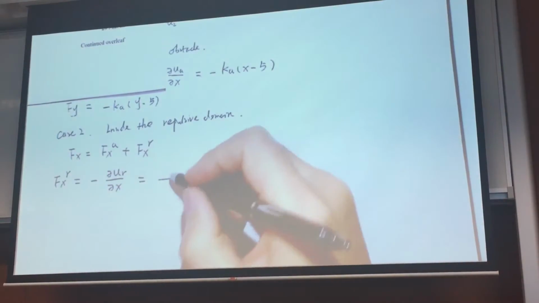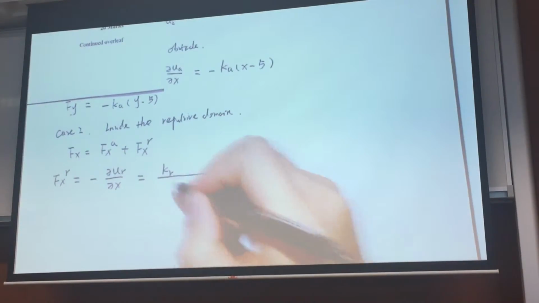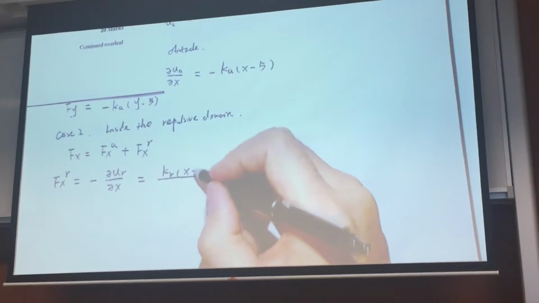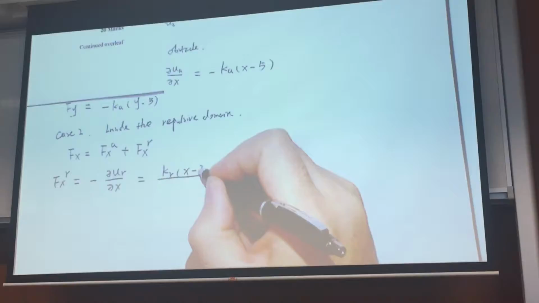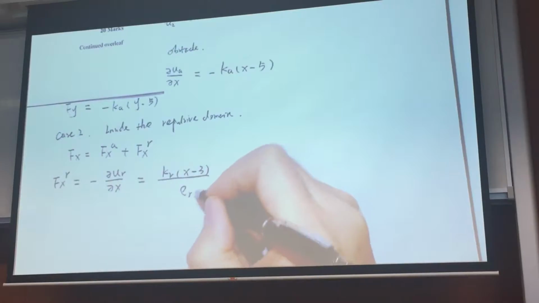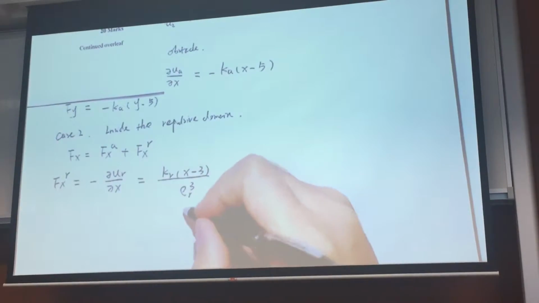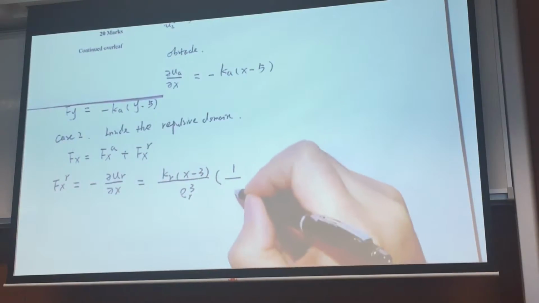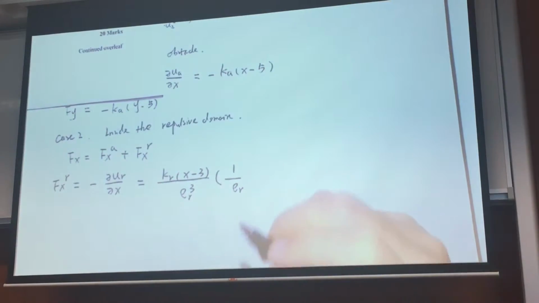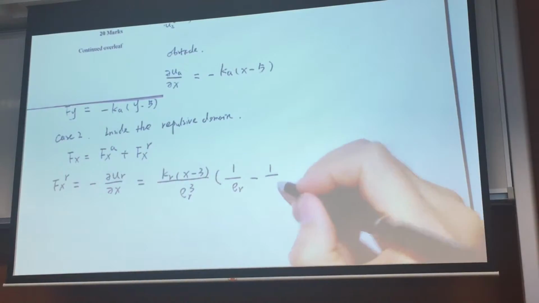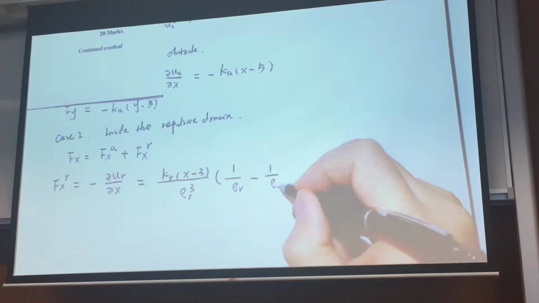You will get the solution: Kr times x minus x0, divided by rho r cubed, multiplied by 1 over rho r minus 1 over rho 0.